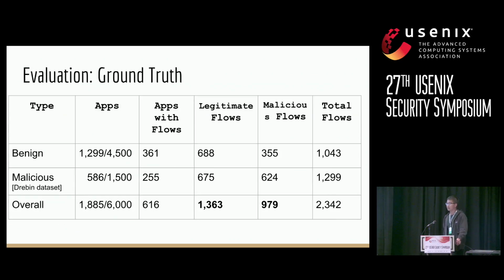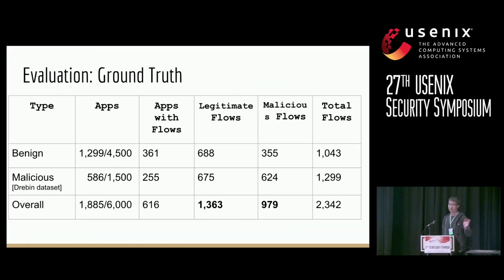So evaluation. First, ground truth. We run FlowJoy on 4,500 benign apps from Google Play and 1,500 malicious apps from the JBean dataset. And we set the data flow timeout at 20 minutes per app.